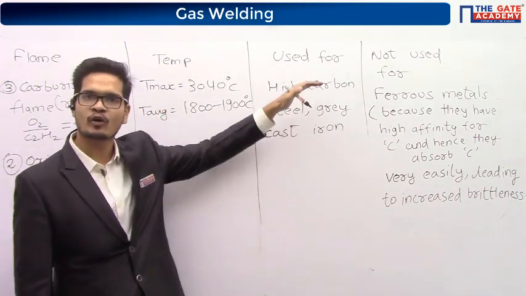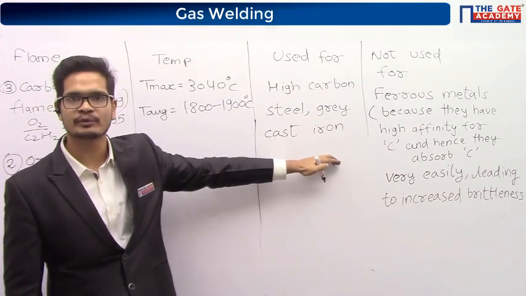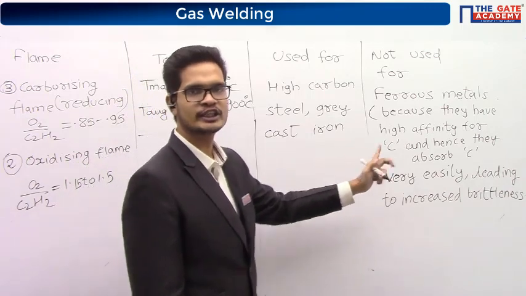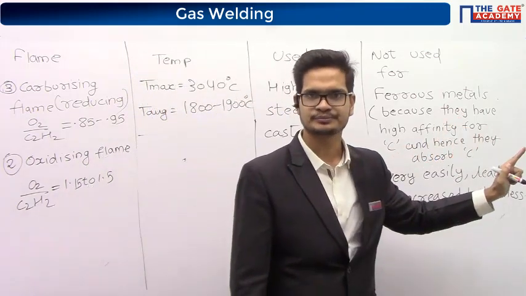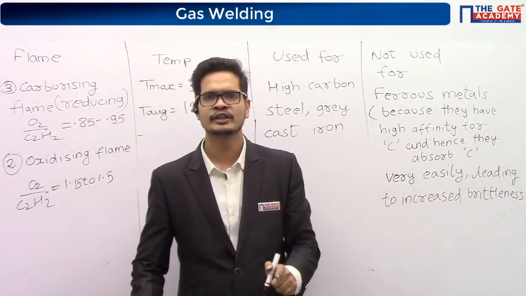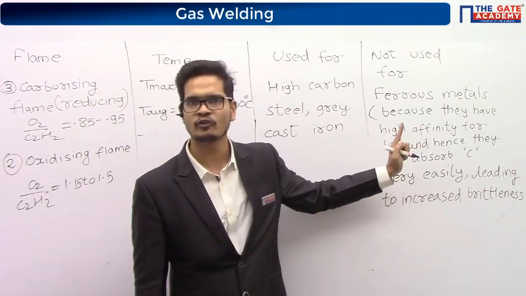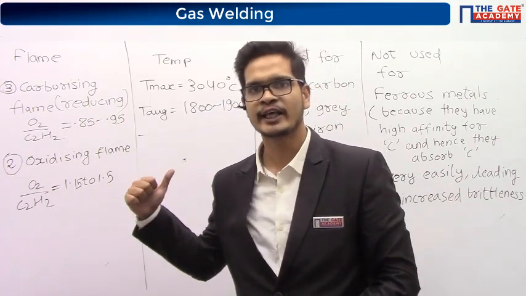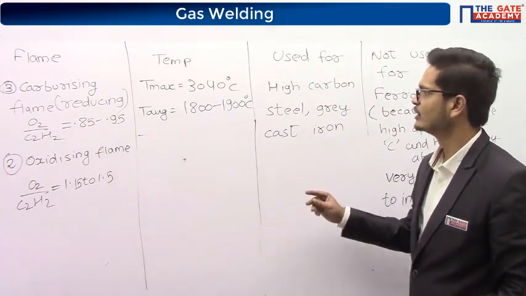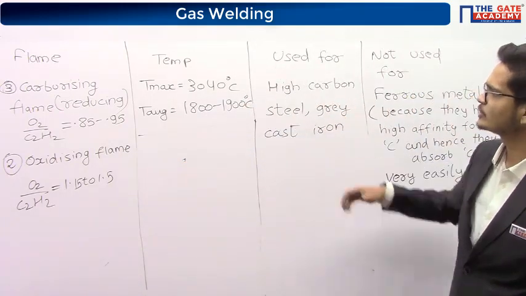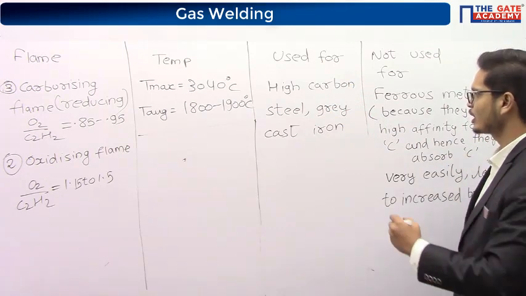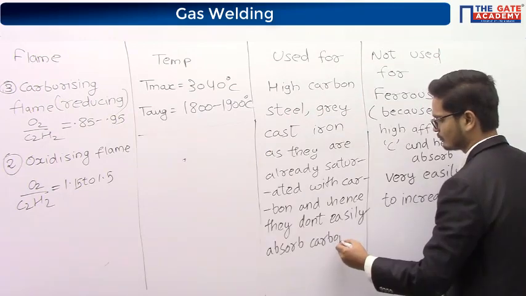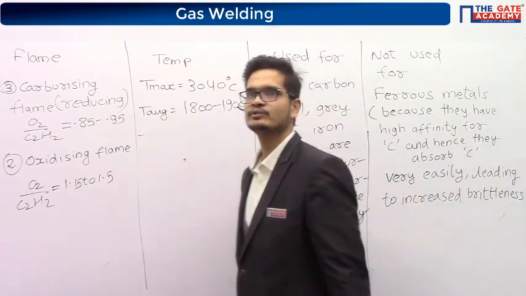The thing is, they are already very much saturated with carbon, and they won't easily absorb carbon. So we don't have any problem of carbon absorption and increase in brittleness with high carbon steel and grey cast iron. Therefore, for the welding of high carbon steel and grey cast iron, we go for carbonizing flame. Hence, they don't easily absorb carbon.